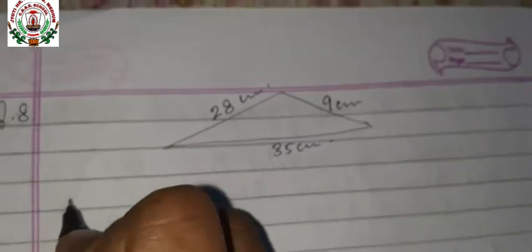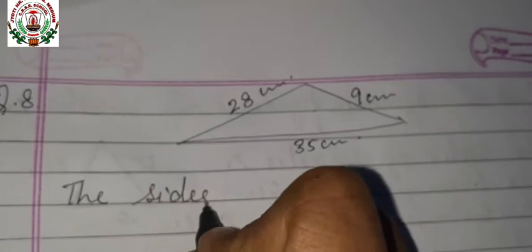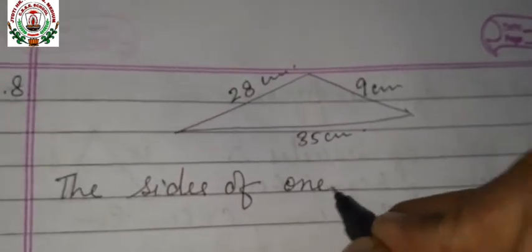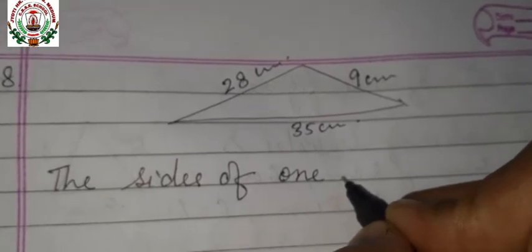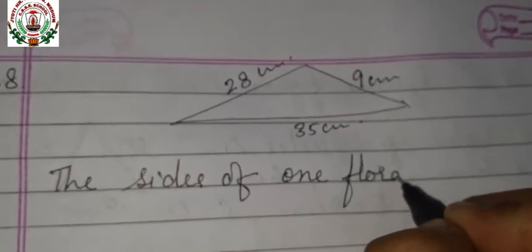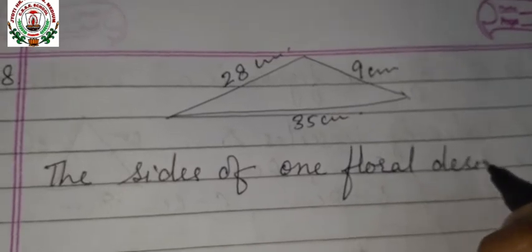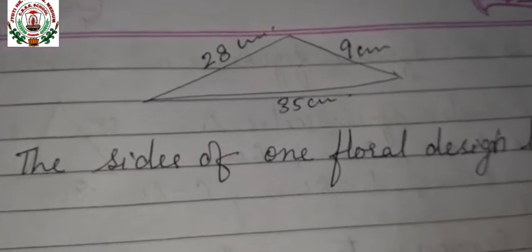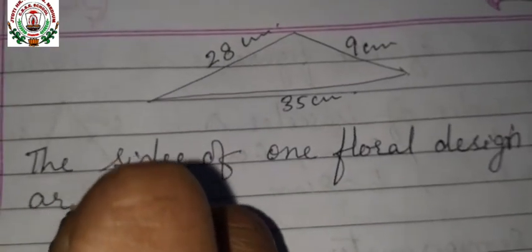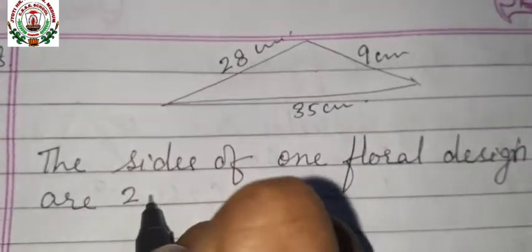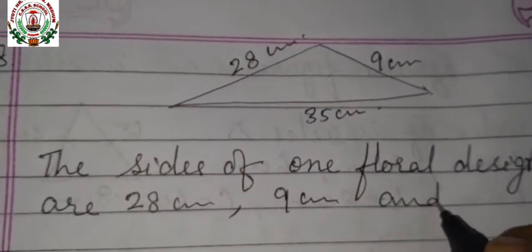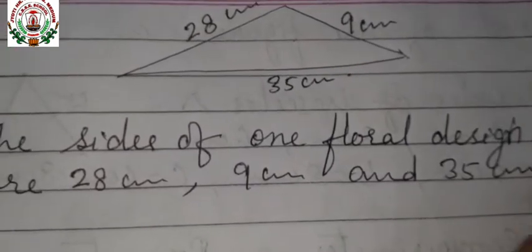Now you can write, the sides of one floral design triangle are 28 cm, 9 cm and 35 cm.